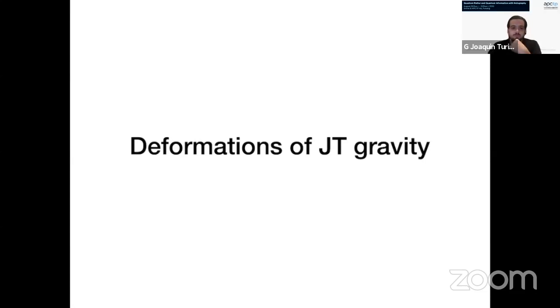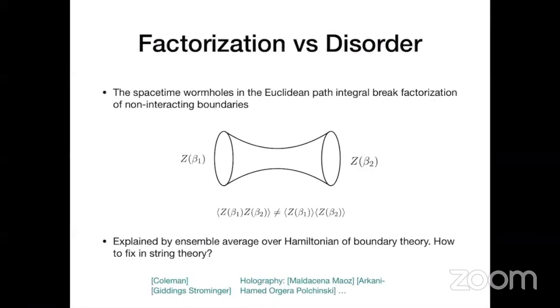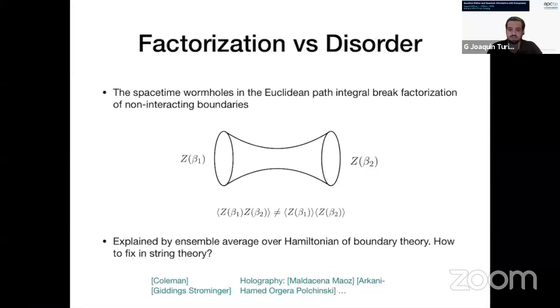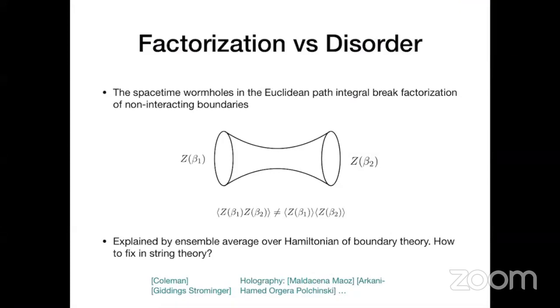Can I ask about this Euclidean wormhole geometry? In JT, basically, this wormhole type configuration is off shell, right? Well, there are examples where we have Euclidean wormhole solutions on shell in certain cases.